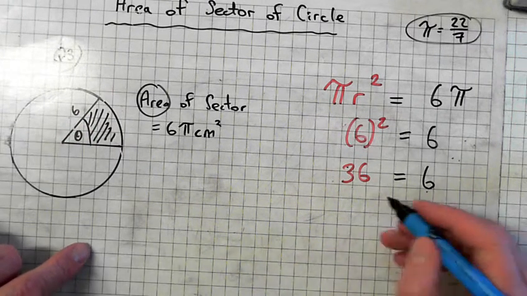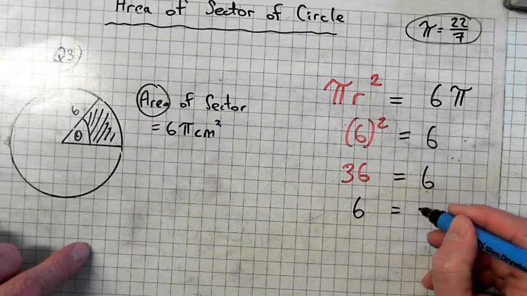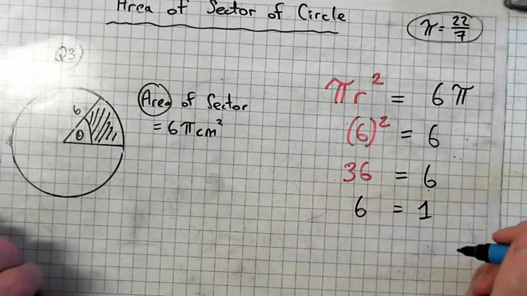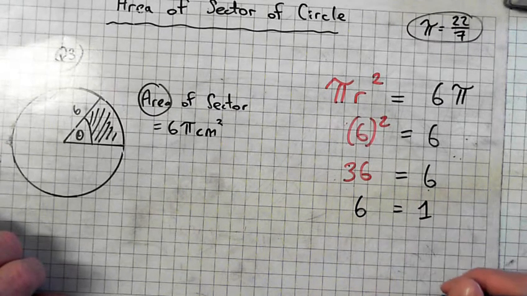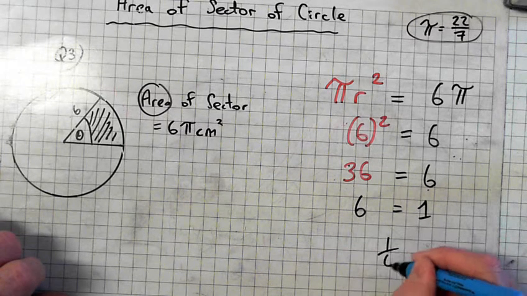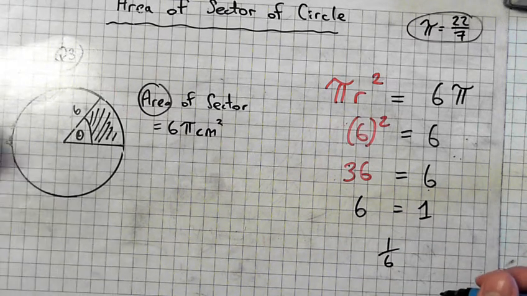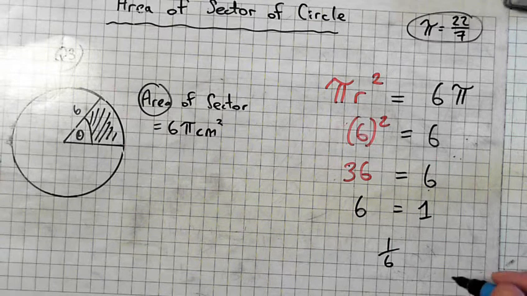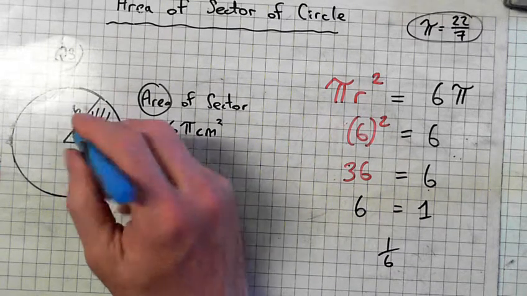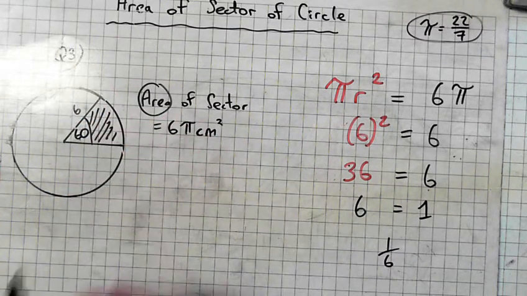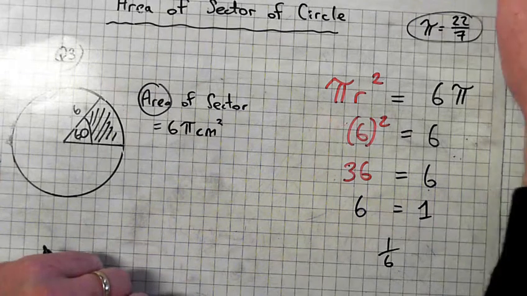The ratio is 6 to 1, so the fraction is 1/6. What's 1/6 of 360? 60. That angle there is 60 degrees.